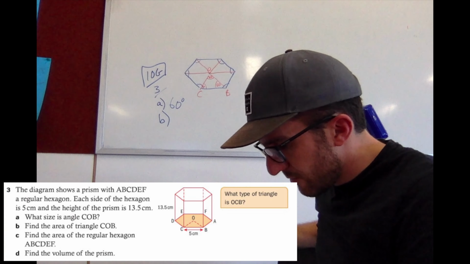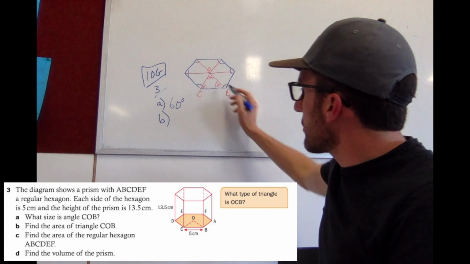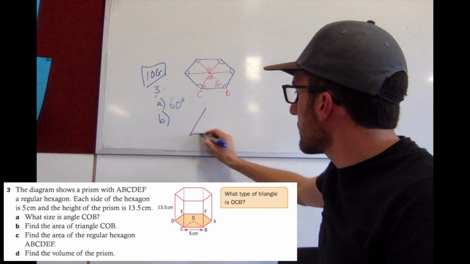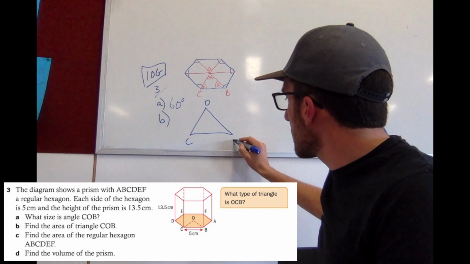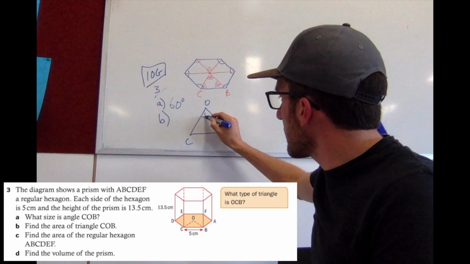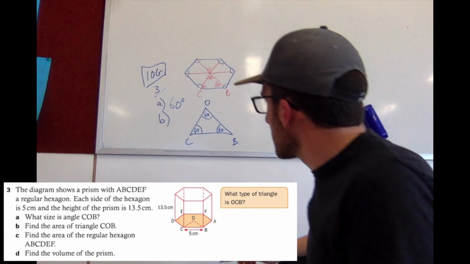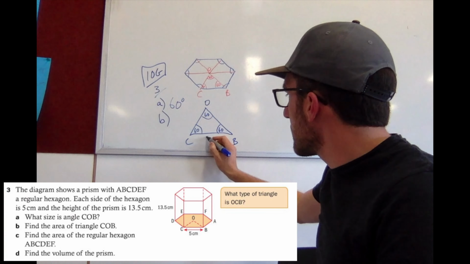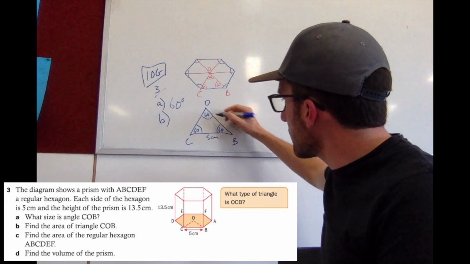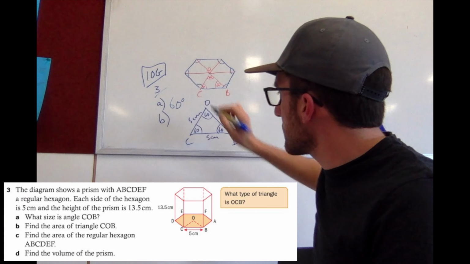Part B, find the area of triangle COB. So if we just look at that triangle, OCB, we know that that's 60, 60, 60, and we're also told in this question that this is 5 centimeters, and if this is an equilateral triangle, then these are all 5 centimeters.